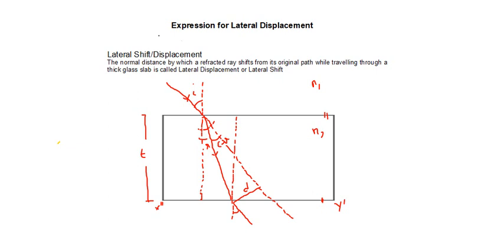Okay. So, let us derive. Let us say this is x, y. At the interface x, y, Snell's law: sin I by sin R is equal to n2 by n1. That gives me 1 and 2.